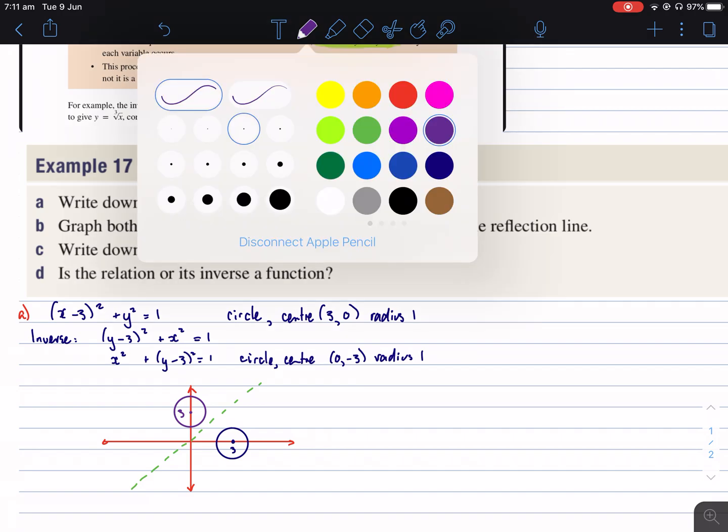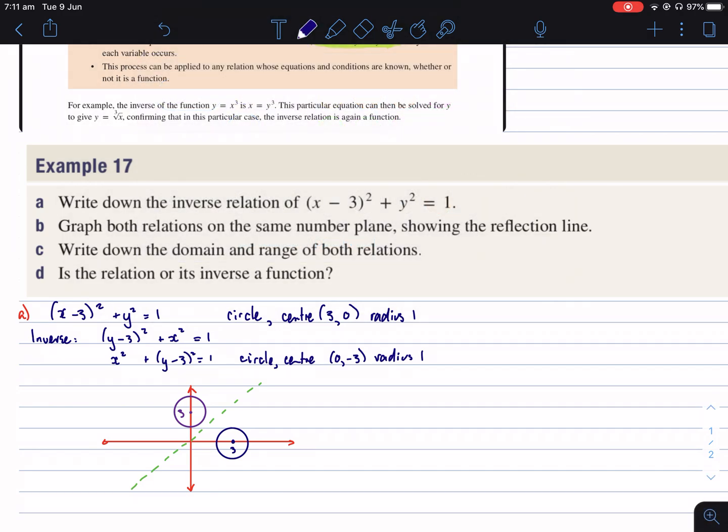And write down the domain and range of both functions. So for this one, the domain: if its center is 3 and it's going left and right 1 each, it's going to be between 2 and 4. And the range: we're starting off at 0, going up and down 1, so -1 to +1.